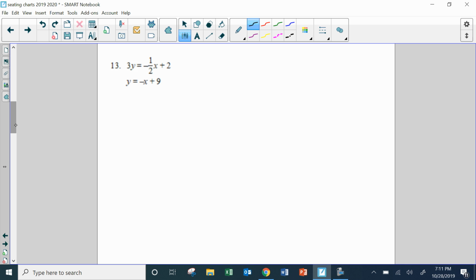All right, so this is just one of the system of equations problems that you need to know how to solve. I just pulled one off the review. In this case, it looks to me like it's a substitution problem. I don't have the sheet in front of me, but since I have this equation right here where y equals some expression, I can take that expression, negative x plus 9, and plug all of this in right here for this y.